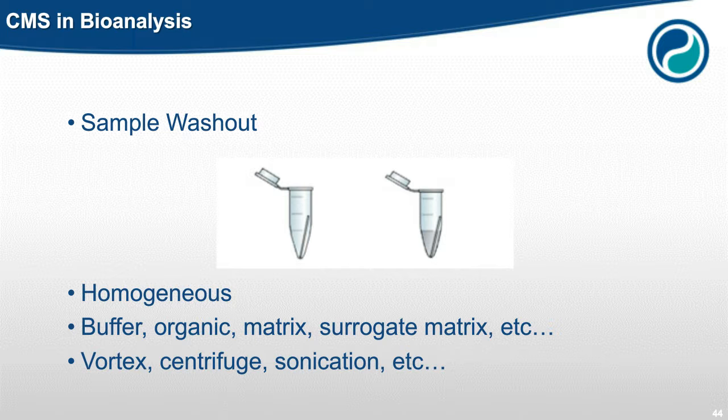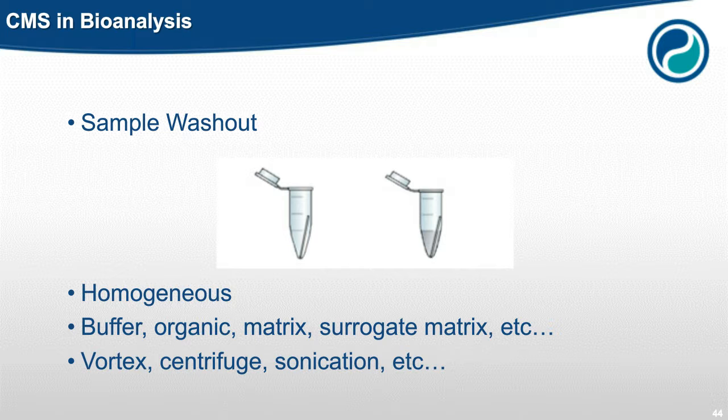There are many options we can use, like just a buffer solution, or some organic solvent. Sometimes we use matrix, sometimes we use surrogate matrix, etc. This is the thing we need to closely monitor when we do method development and validation, and I will talk about that a little bit in one of my later slides.